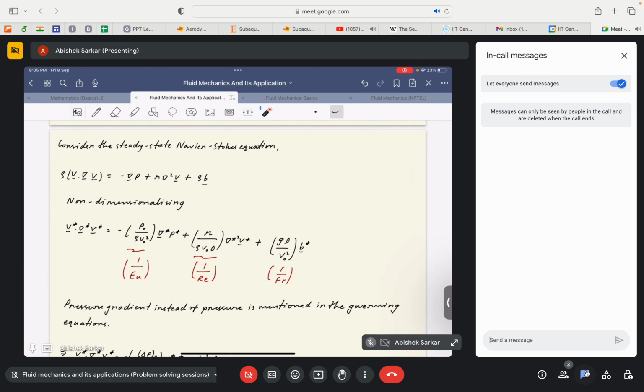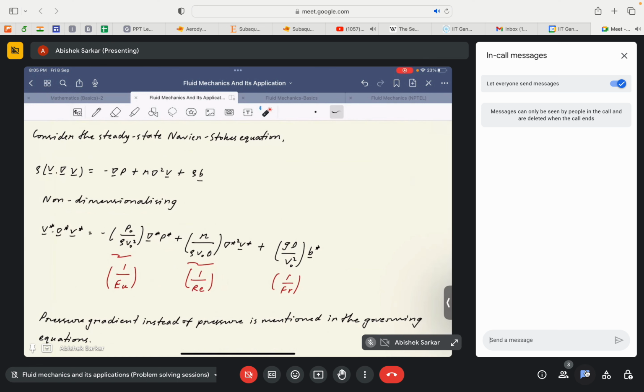The pressure gradient term has a coefficient equal to 1 by Euler number. The viscous stress terms have a coefficient equal to 1 by Reynolds number. And the body force term, given that it scales as the gravitational force acting in the flow field, scales as 1 by Froude number.